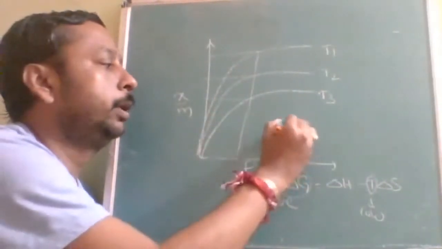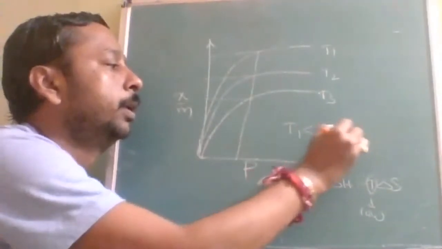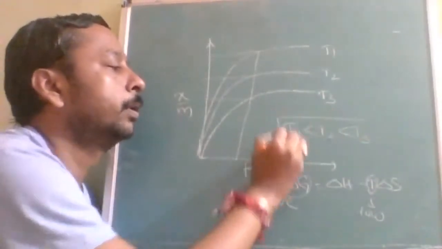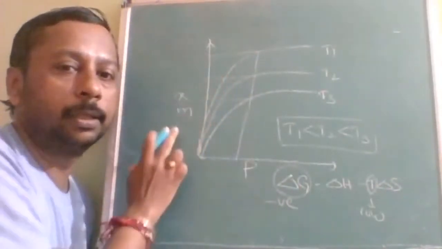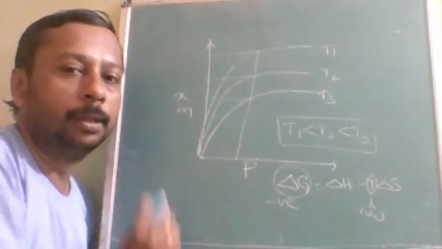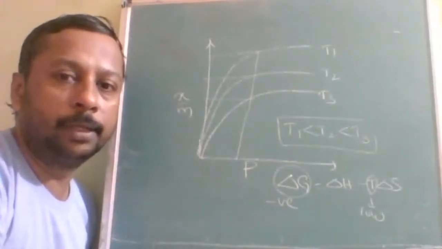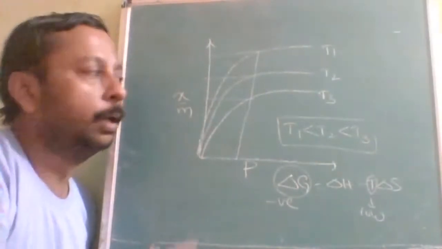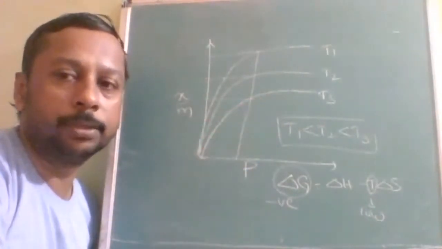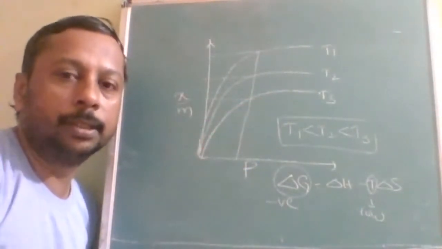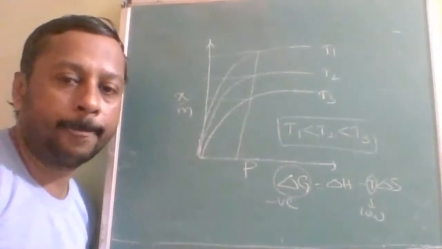So T1 is less than T2, which is less than T3. Lower the temperature, higher is the spontaneity, higher is the quantity of X. So the relation between T1, T2 and T3 will be: higher curve for lower temperature, lower curve for higher temperature. Note this relation.